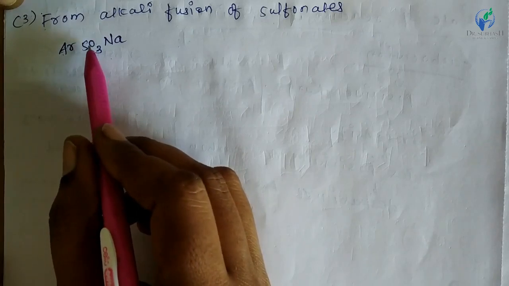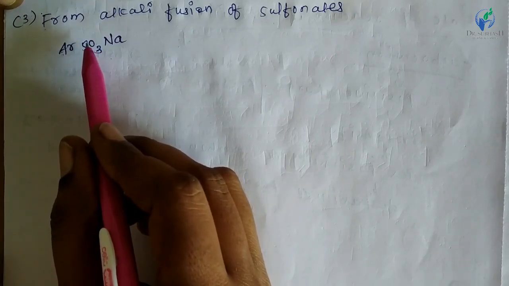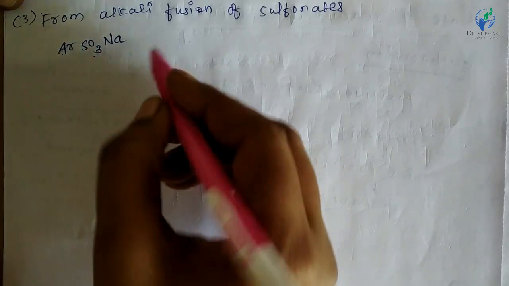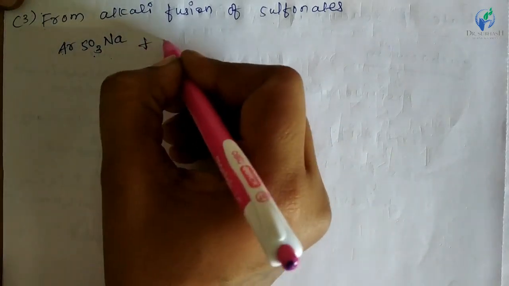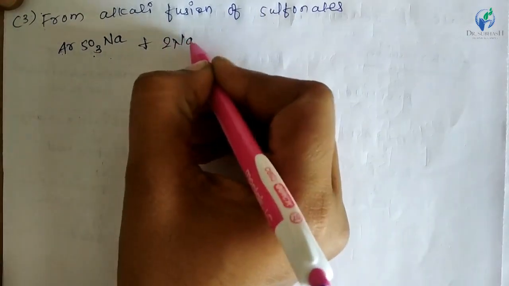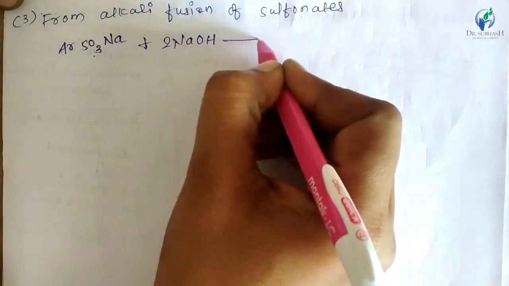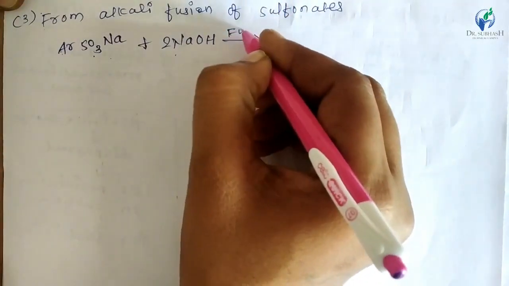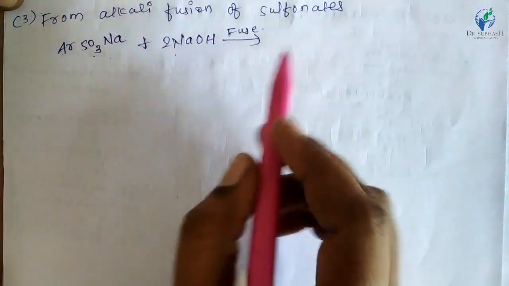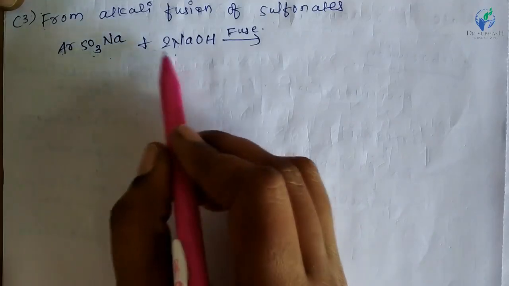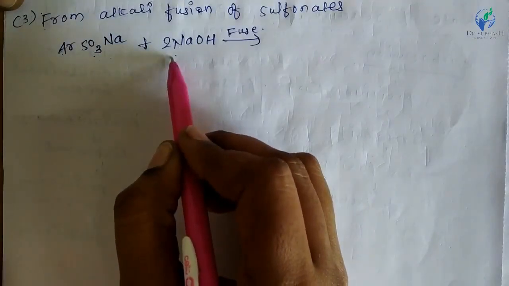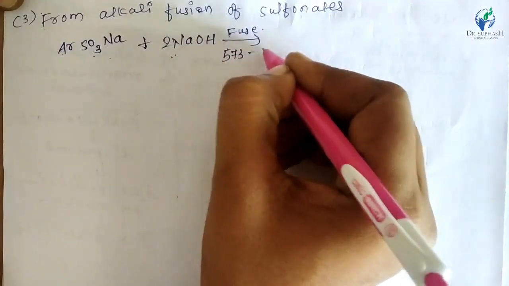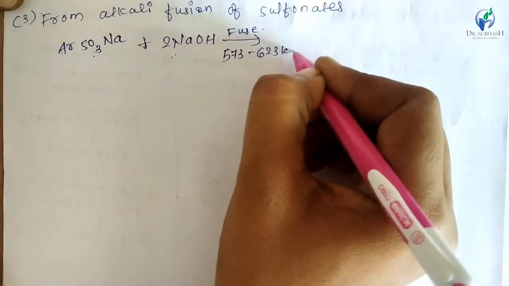When this sodium sulfonate is mixed with excess of caustic soda, that is sodium hydroxide, the mixture of both these reagents is heated to 573 to 623 Kelvin temperature.